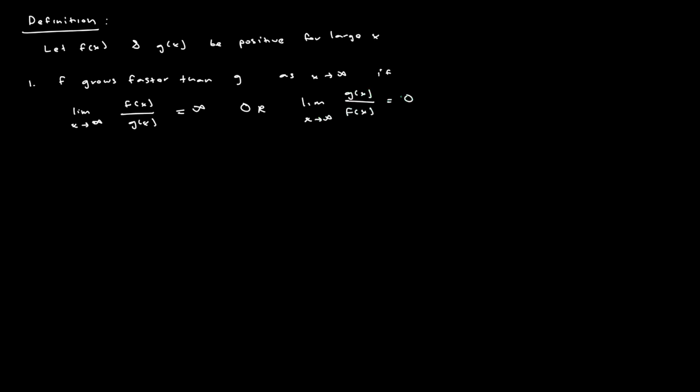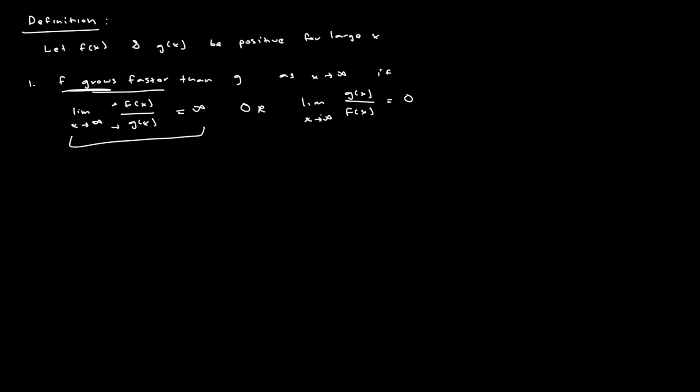And this makes sense, right? If f is growing at a much faster rate than g, then as we tend towards infinity, the quotient will continue to get larger and larger because the rate at which f is growing does not match the rate at which g is growing, so our numerator will be growing much faster than our denominator, and hence the quotient will continue to increase. So finding out these limits tells us the relative rates of growth between f and g.